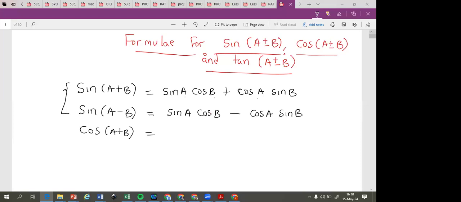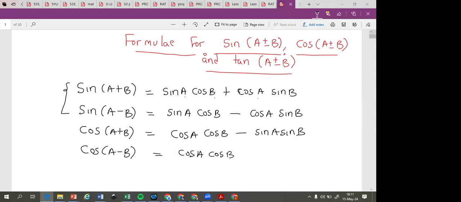When you are expanding cos, you always have cos of A, cos of B. And for cos, when it is a plus, when you are adding two angles, you subtract this side, so you have sine of A, sine of B. When you have cos of A minus B, you have cos of A, cos of B, and then a plus sine of A, sine of B. So when you are subtracting in expansion, you add.